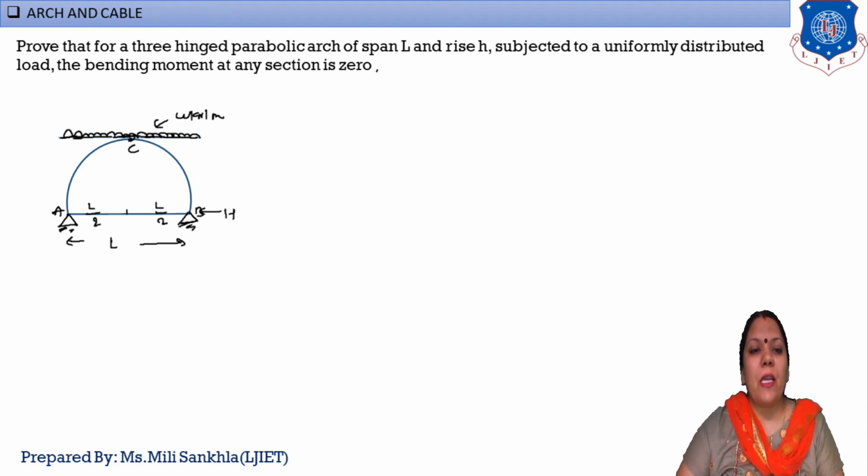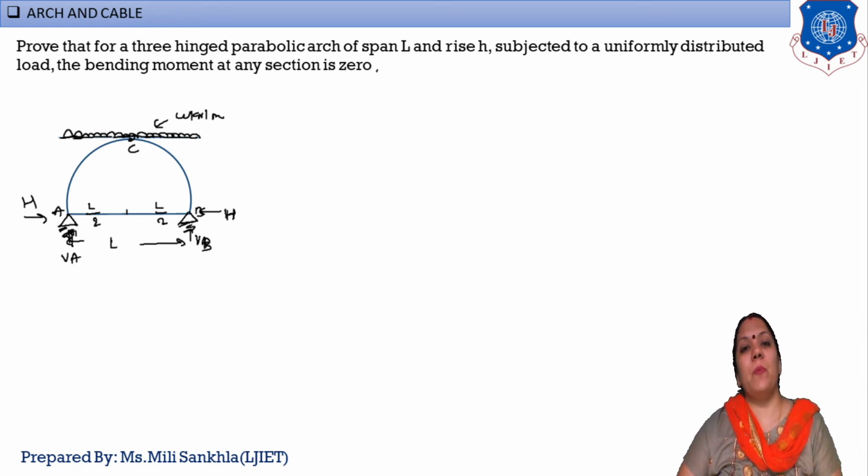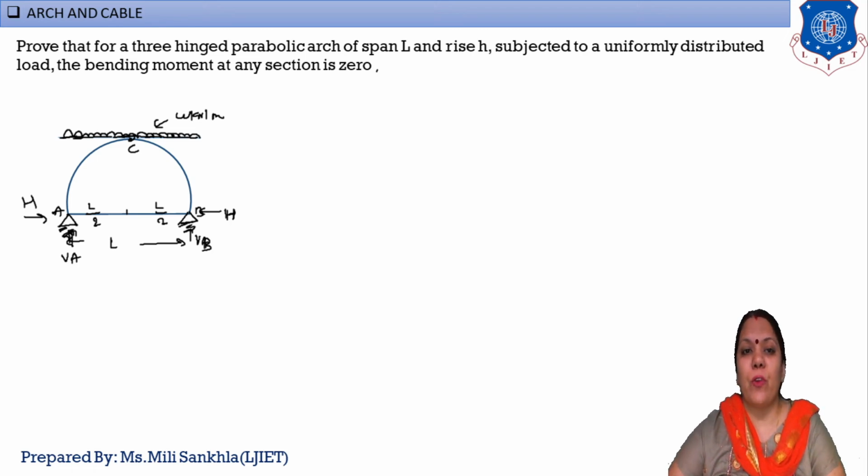Horizontal reaction H is also here. Now first of all we find out our vertical reaction. Then we find out H, and then we prove bending moment at any point on this parabolic arch is equal to 0. First of all mention here taking moment about A. Simply compare anti-clockwise moment with clockwise.